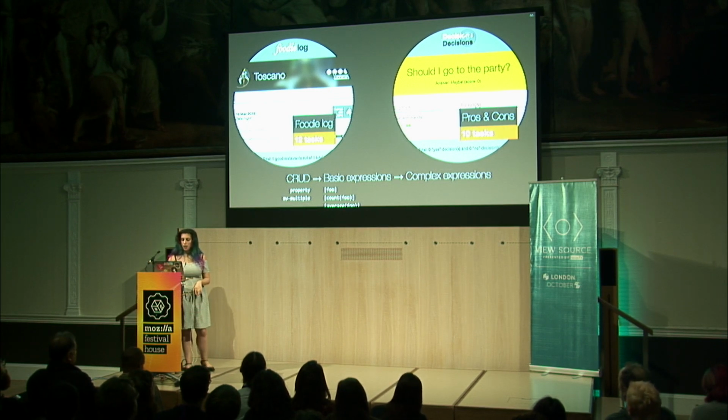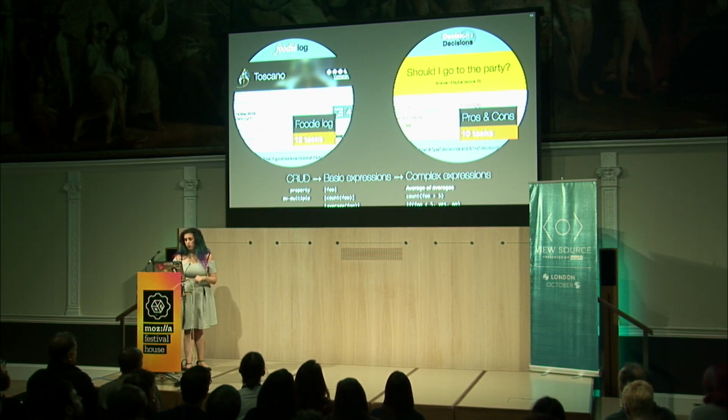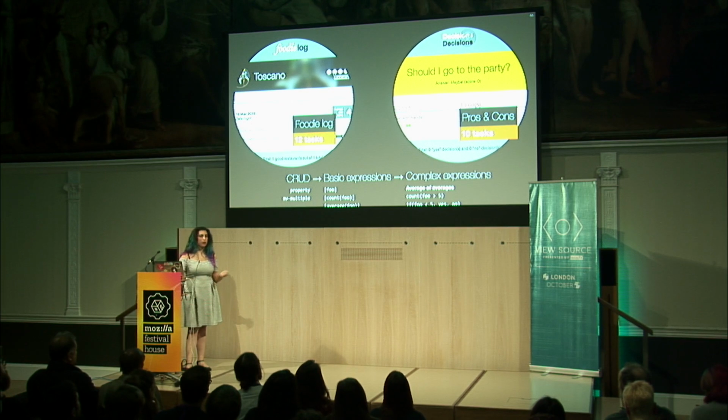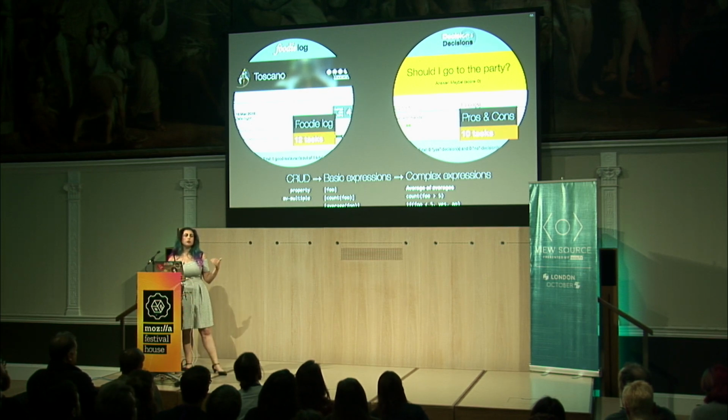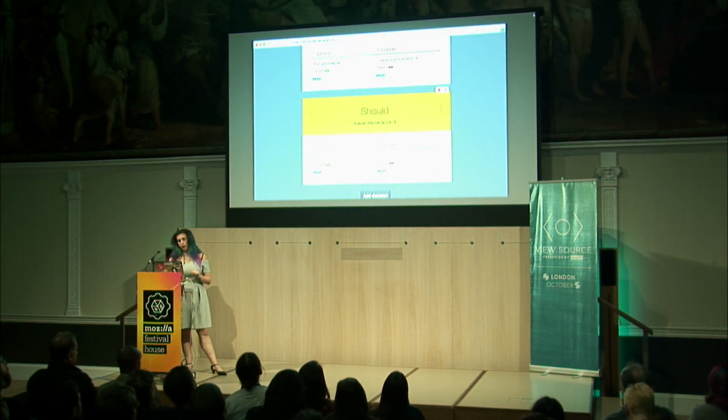And there were also a few steps that were complex expressions, like an average of averages or a count with a filter or a conditional, whose goal was to test the limits of Mavo. We knew these were going to be hard, but we wanted to push it to the limit and see how people do.